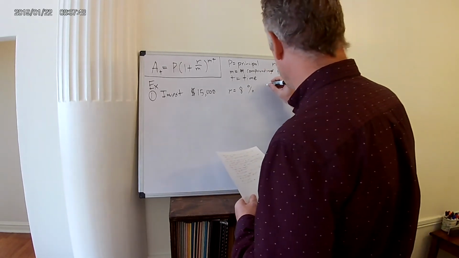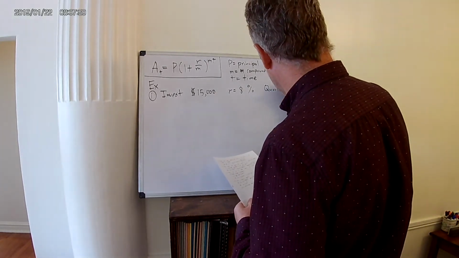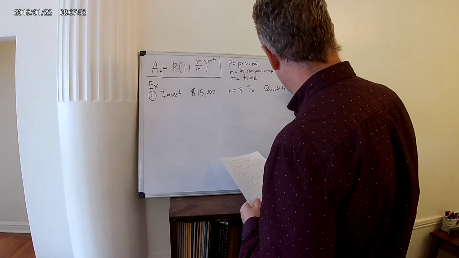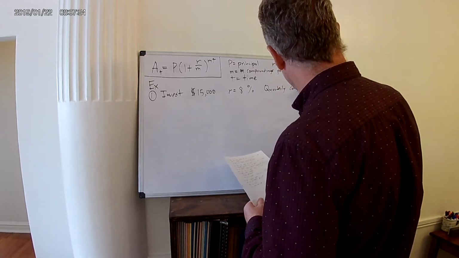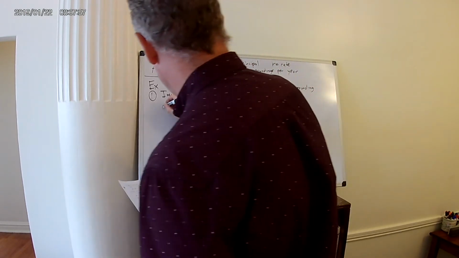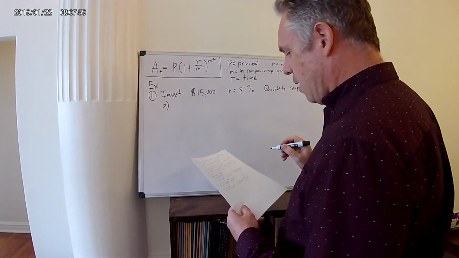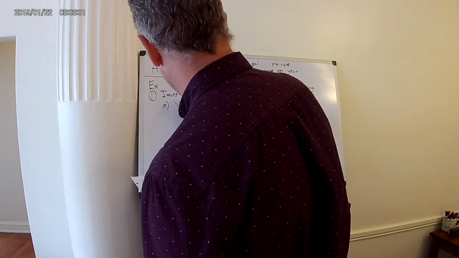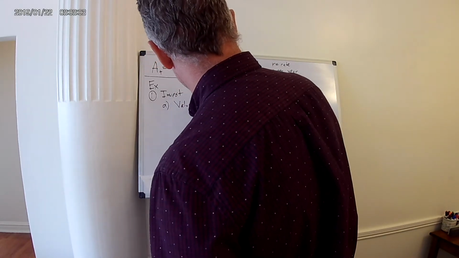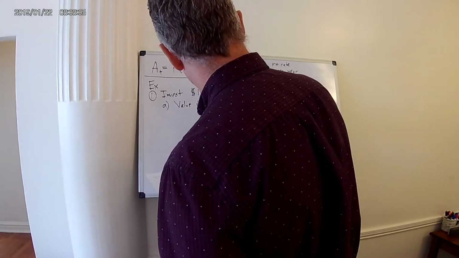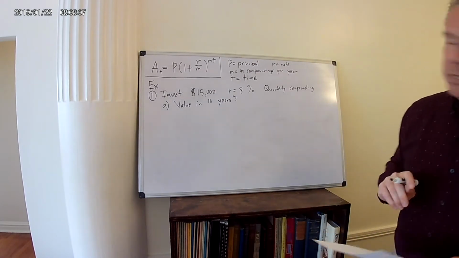So we're going to compound quarterly. In part A here, we want to figure out what is the account worth in 10 years. So what's the value in 10 years?